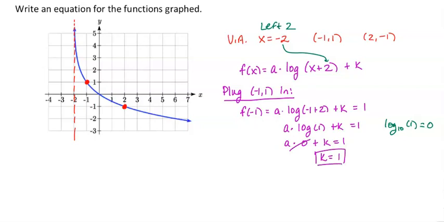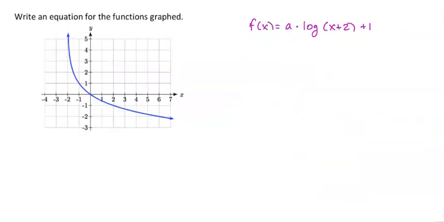If we update our function, what we have so far is that f of x is equal to a times the log of (x plus 2), and now I know it's plus 1. So there's been a vertical shift up 1 unit. Now let's repeat that same process. Now I'm going to plug in the point (2, -1).